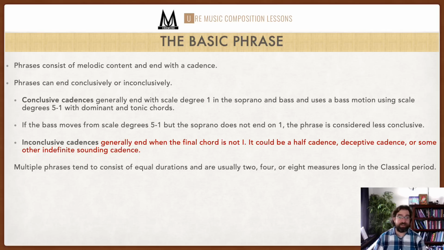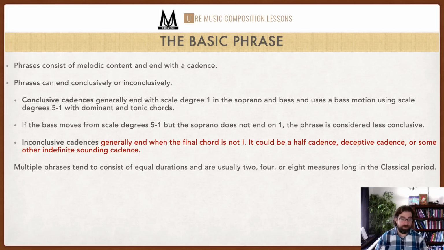So if you're in the key of C, you're going to have a C in the soprano. They also tend to use stepwise motion into that C. So you're either going to have a B, the leading tone, moving into C, the tonic, or a D moving down into the tonic. Either way, it needs to move by step for it to sound really conclusive.